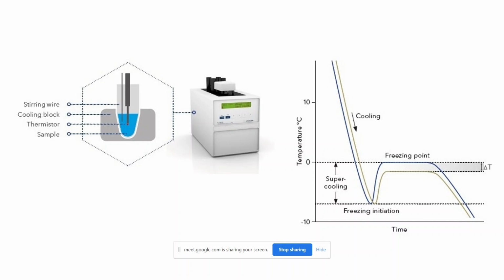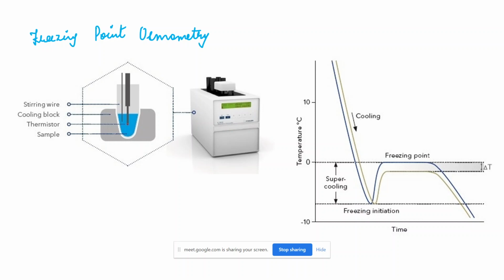What you are seeing is a basic setup for measurement of osmolarity. This is called freezing point osmometry. Osmometry, as the name suggests, is just a measurement of your osmolarity.